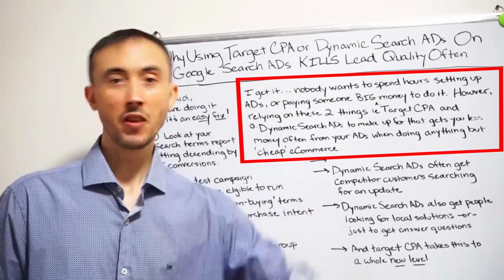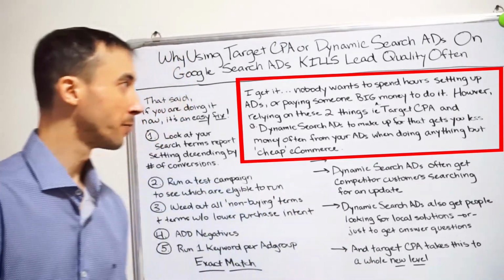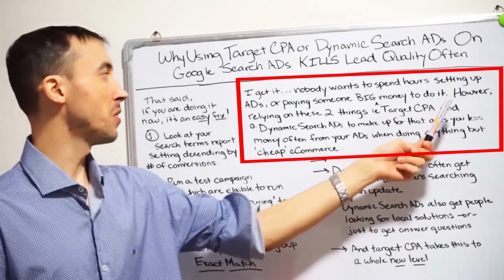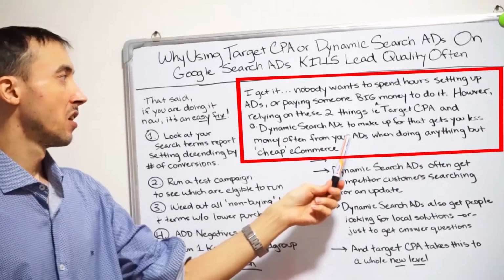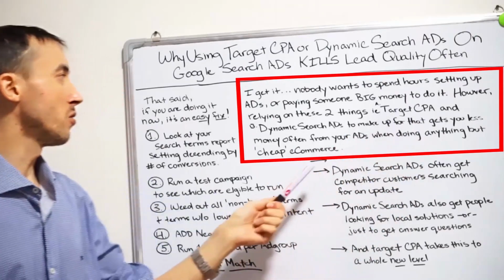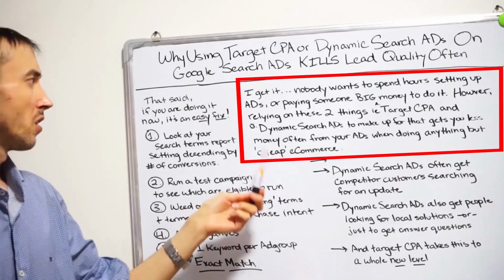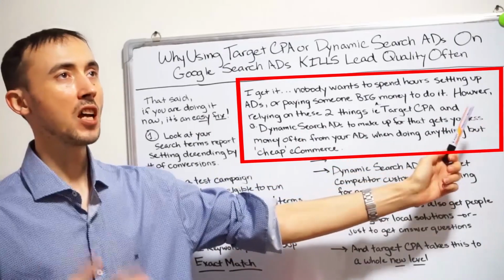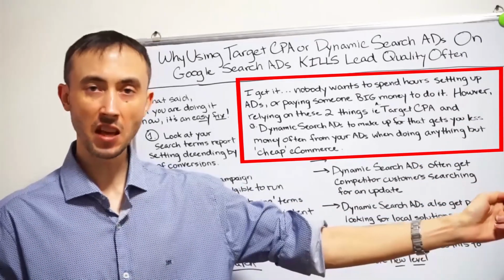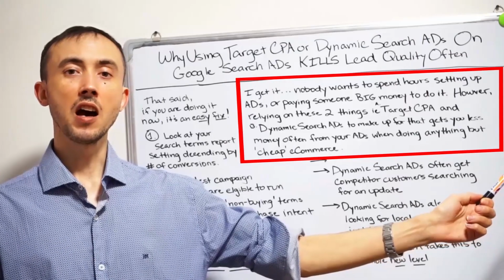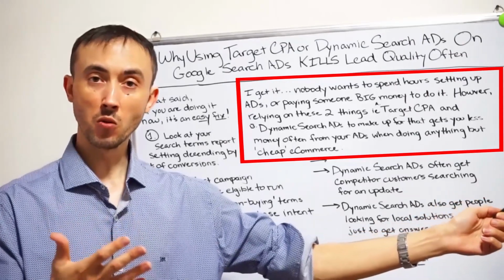For a lot of people, the answer is no. Relying on these two things, Target CPA and dynamic search ads, is not going to be worth the time saved, as much as you think it would.